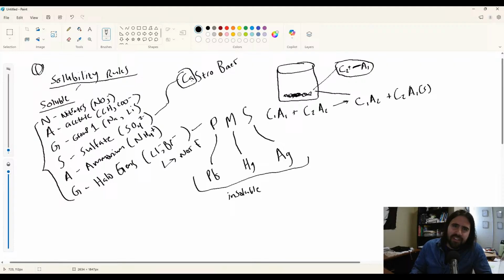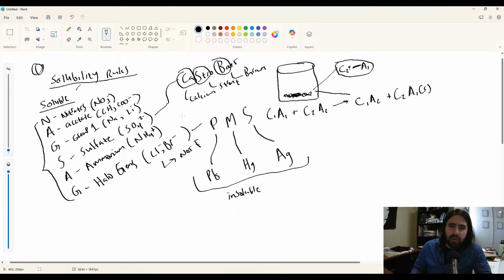That's calcium. Str, that's for strontium. And then Ba, that's for barium. So calcium, strontium, and then barium. And all of these guys are in the alkali earth metals.